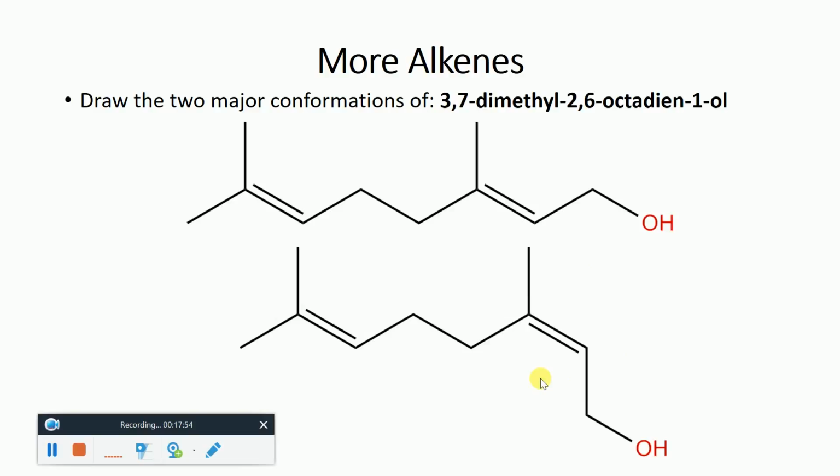If you would like a hint, think about the substituents on each double bond. Are they all different? Are they all the same? What would it look like if you drew out the molecule and flipped this double bond around like we did over here? Would it actually change the molecule? I'll leave that for you to think about.